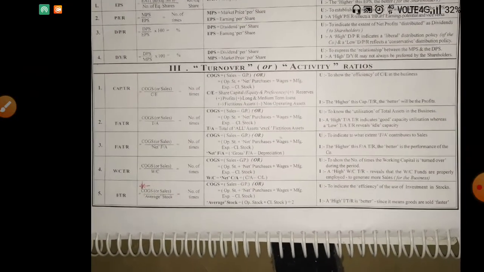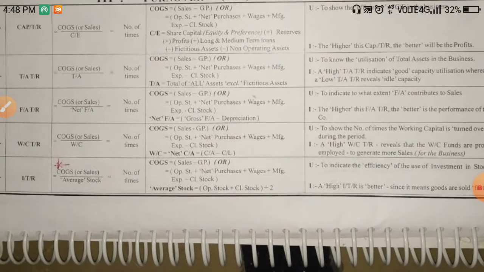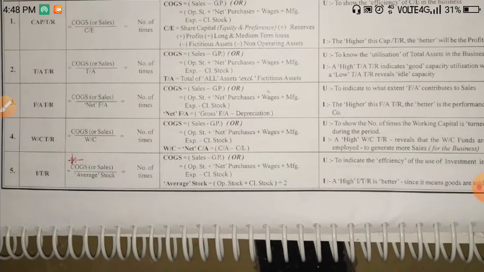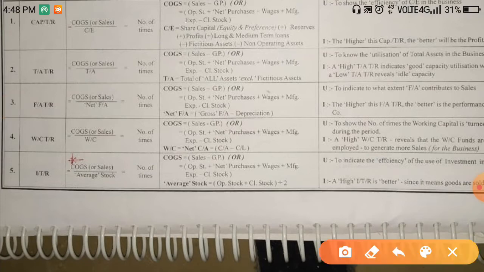Working capital turnover ratio. Working capital turnover ratio means here we take working capital in the denominator. What is working capital? Current assets minus current liabilities will be known as working capital.